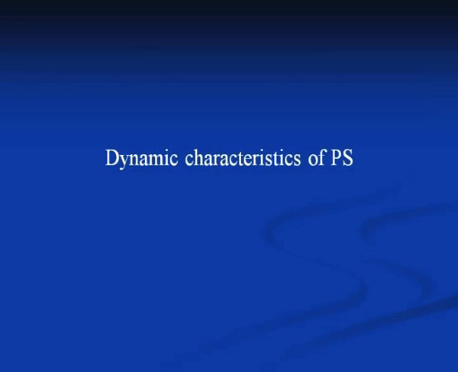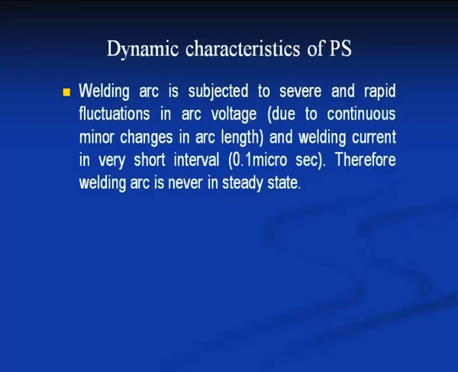The dynamic characteristic of the power source is very important for success and smooth welding. Using a power source having a good dynamic characteristic is important because during arc welding, the arc is subjected to severe transients and fluctuation in arc voltage due to continuous minor changes in the arc length, and the welding current in a very short time fluctuates very rapidly.